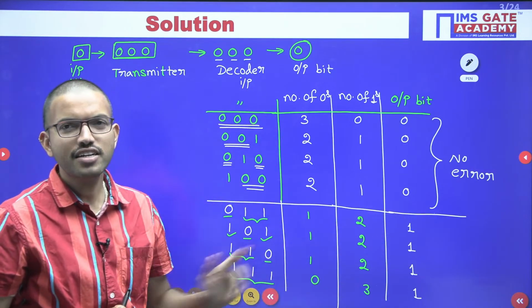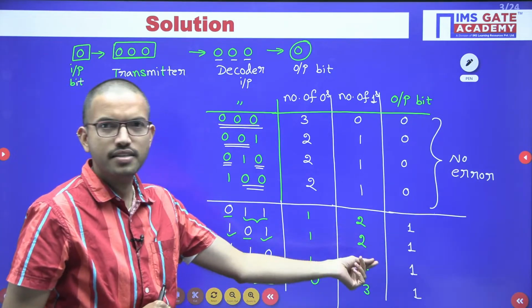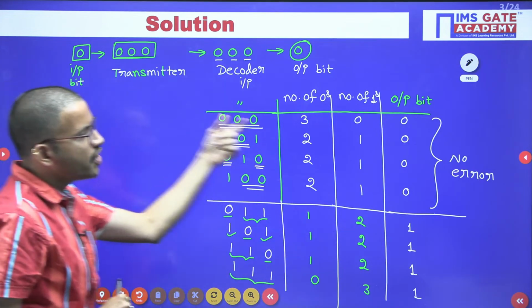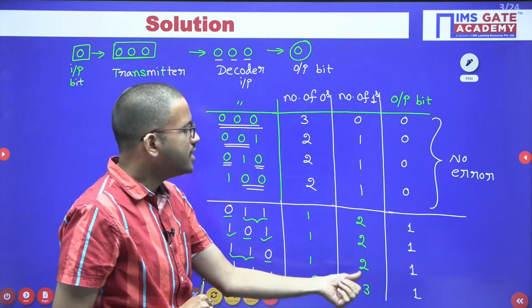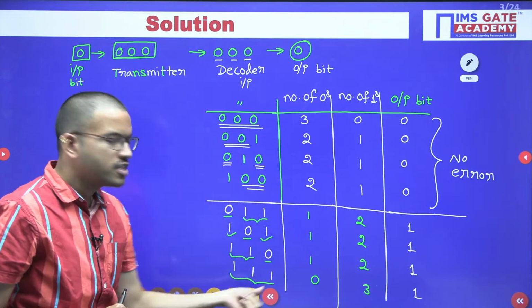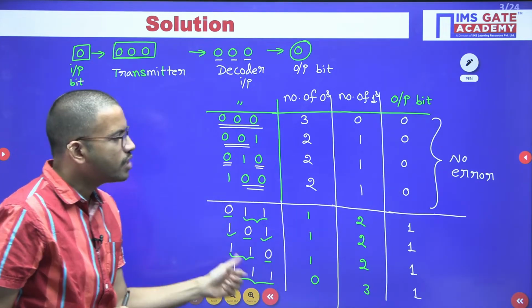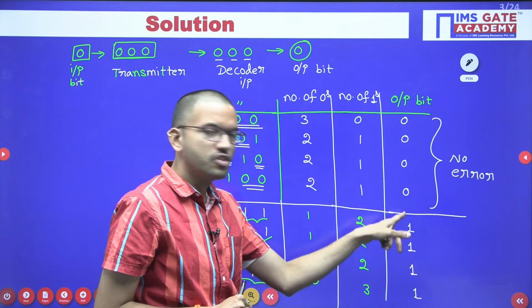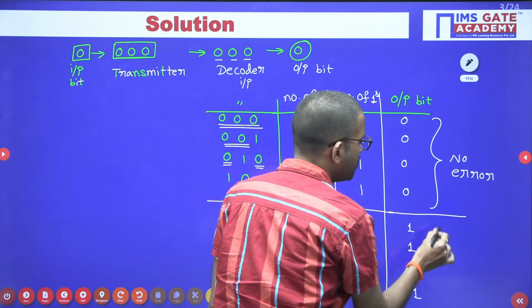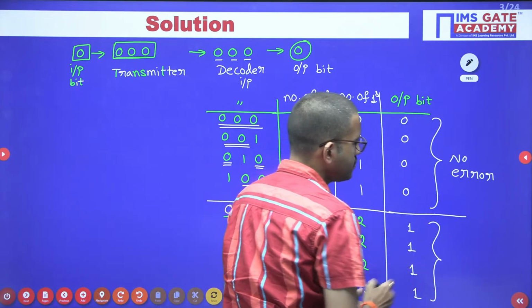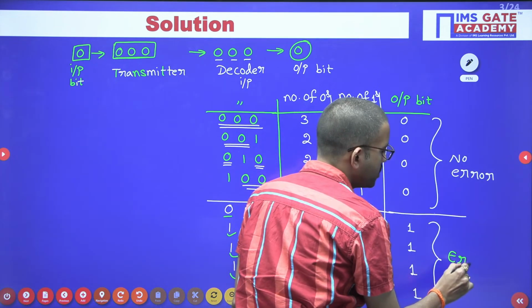So is it error or not? Yes, obviously it is error. If you have transmitted bit value 0, ideally you should receive bit value 0. But here, if you are getting any of these 4 combinations, at the output of the decoder you are getting 1, so that means here you are going to get error.